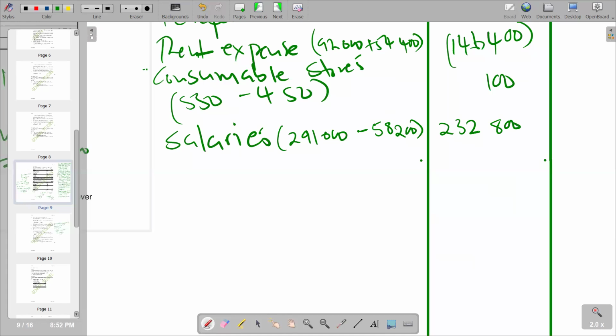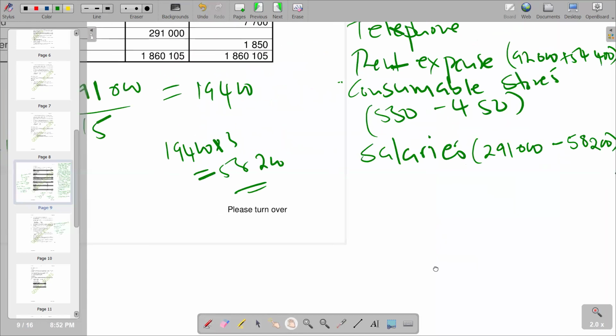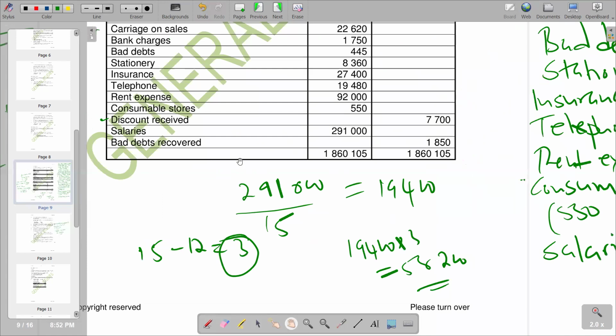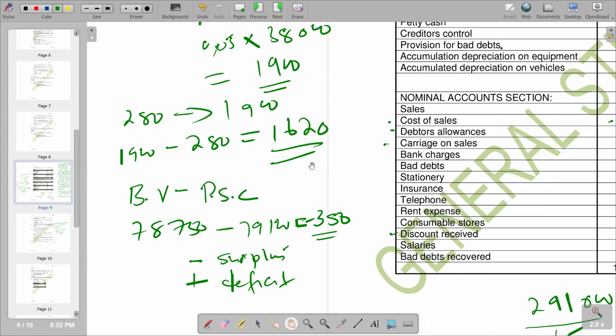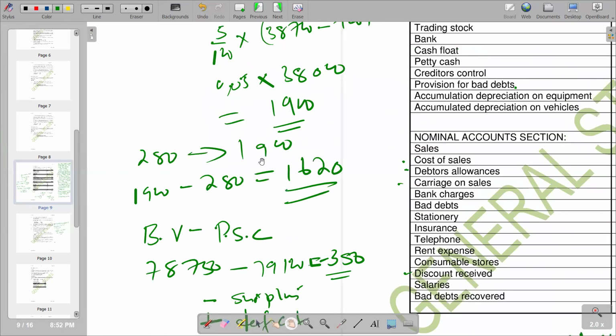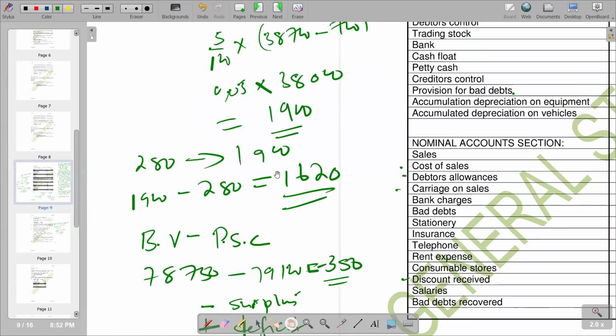And then having done that, we try to see again in our pre-adjustment trial balance any further expenses that are given there. See that the last one is bad debts recovered, which is not part of our expenses, it is an income. But if you still remember, we calculated a provision for bad debt adjustment. Here, when we're trying to see if it's an income or expense, we found out that it's 1,620. Here, we are not going to recalculate it. 1,620 is our provision for bad debt adjustment as an expense. And we found it by saying 1,900 minus 280.